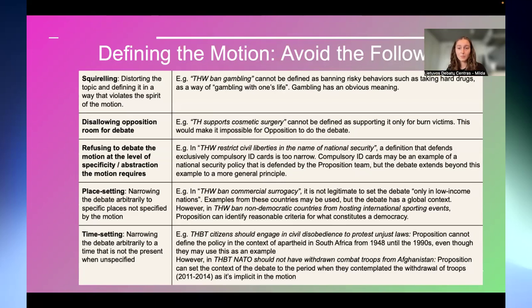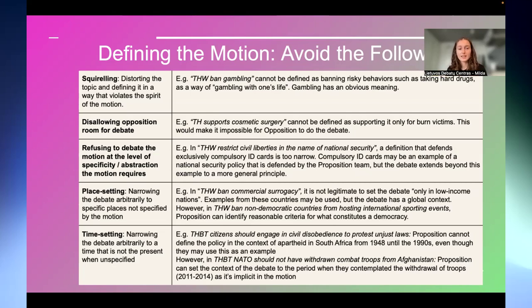It can be an example of a national security policy, but the debate definitely extends beyond this example to a more general principle. So you cannot say that we would only restrict civil liberties as in compulsory IDs, right? Since this would also kind of make the debate too easy for one side.